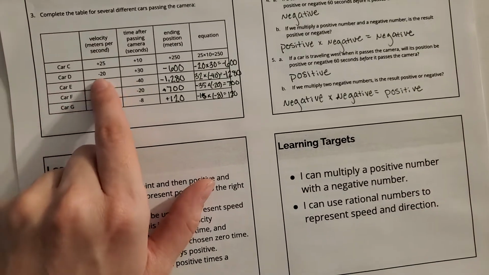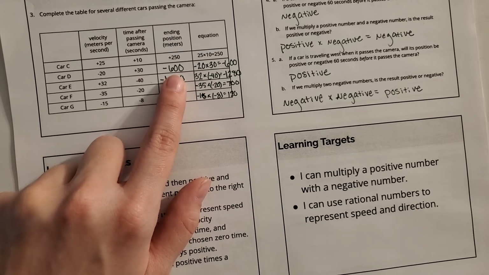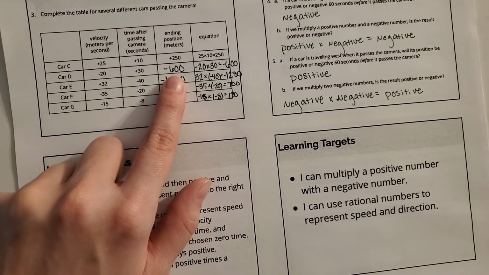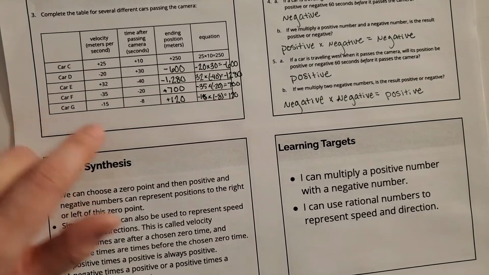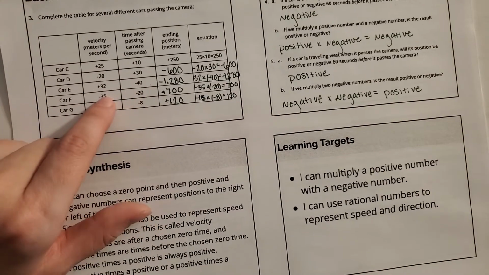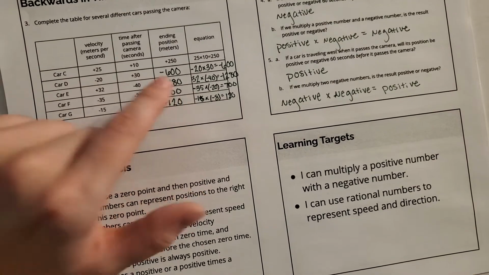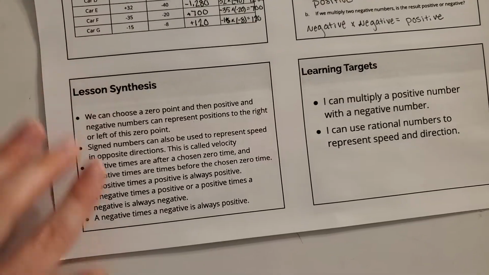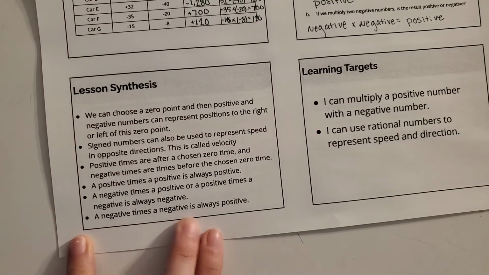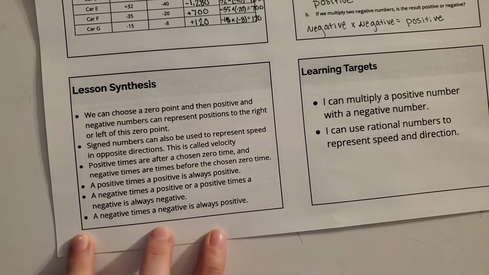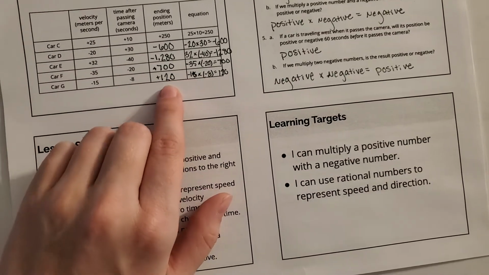So we see that in card D. Negative 20 times a positive 30 gives us a negative 60. A negative 40 times a positive 32 gives us a negative 1,280. A negative times a negative is always positive. And we see that in the last two.